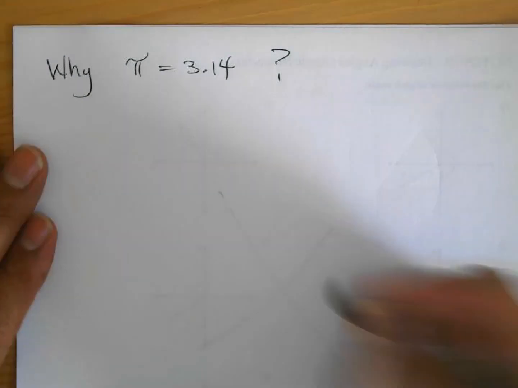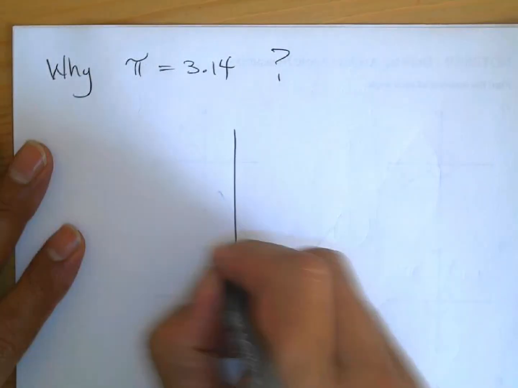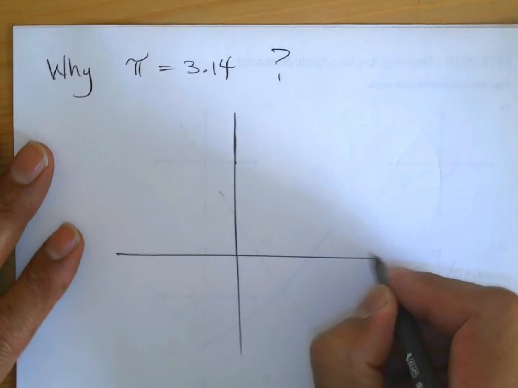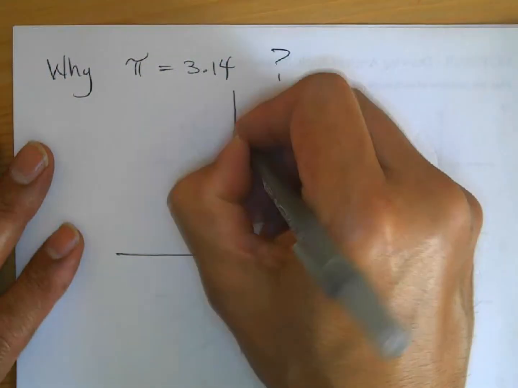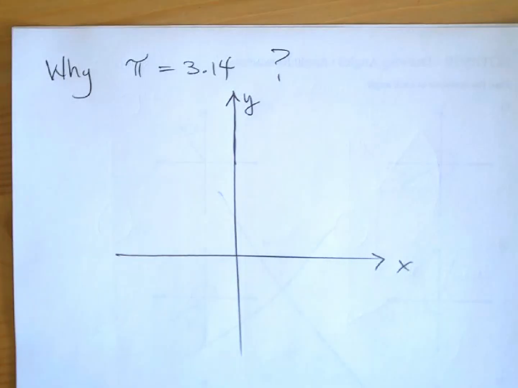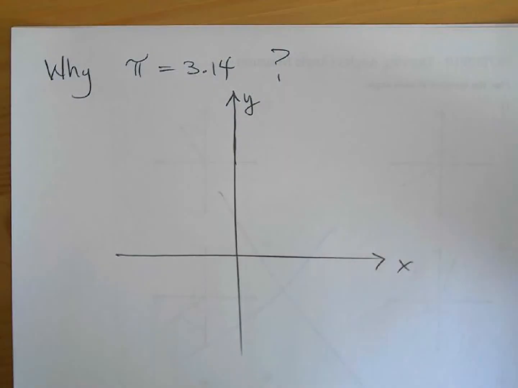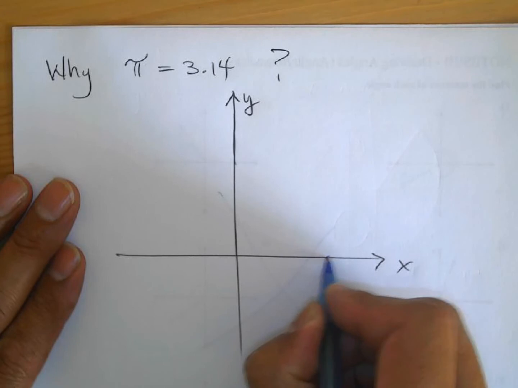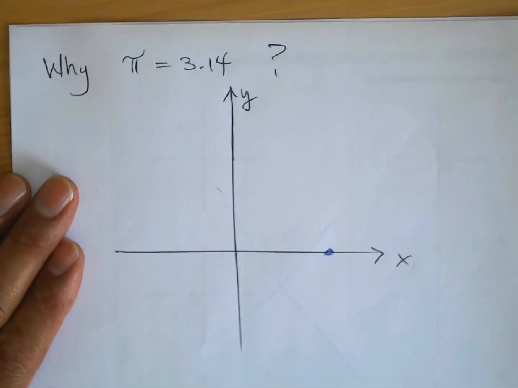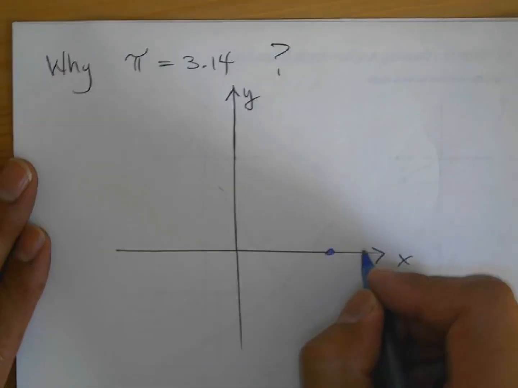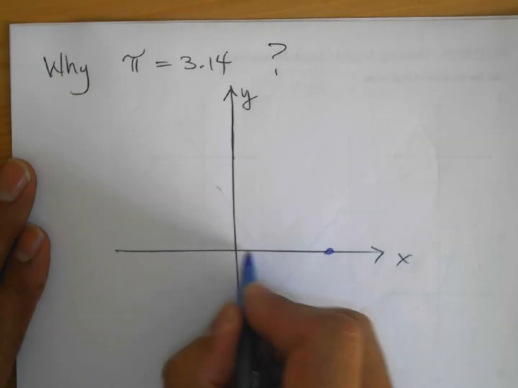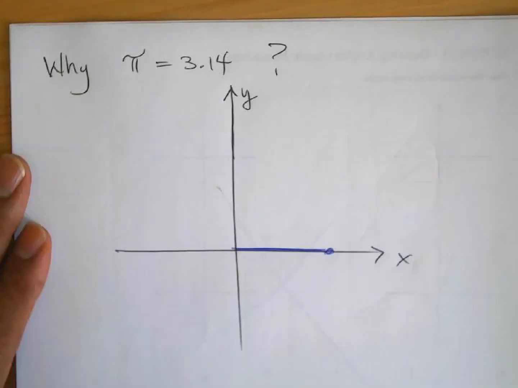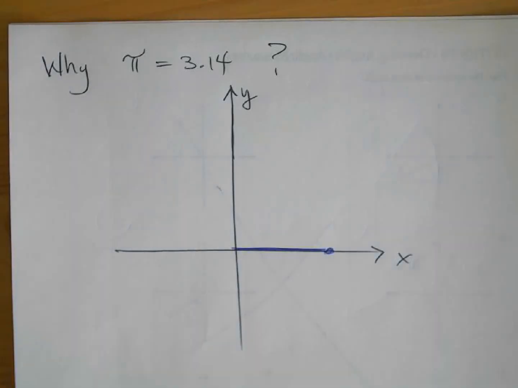Okay, so let's draw this out. I'm going to just pick this length for a radius here. How about that much? Let's say this is 5, whatever this radius is. Why is pi 3.14?